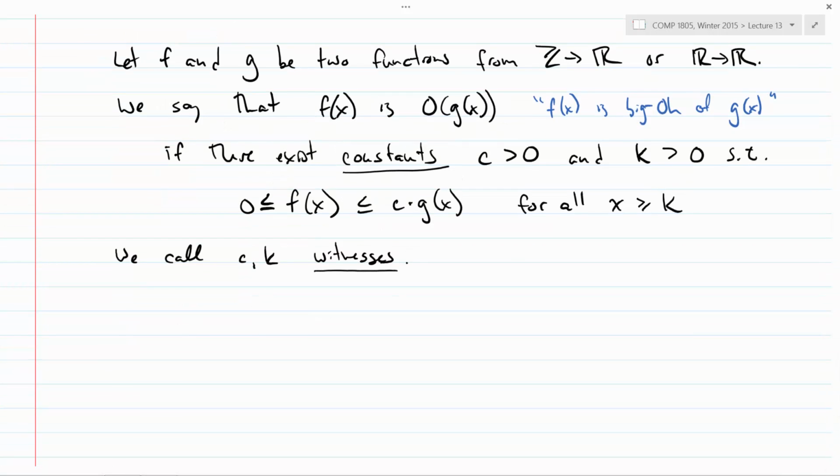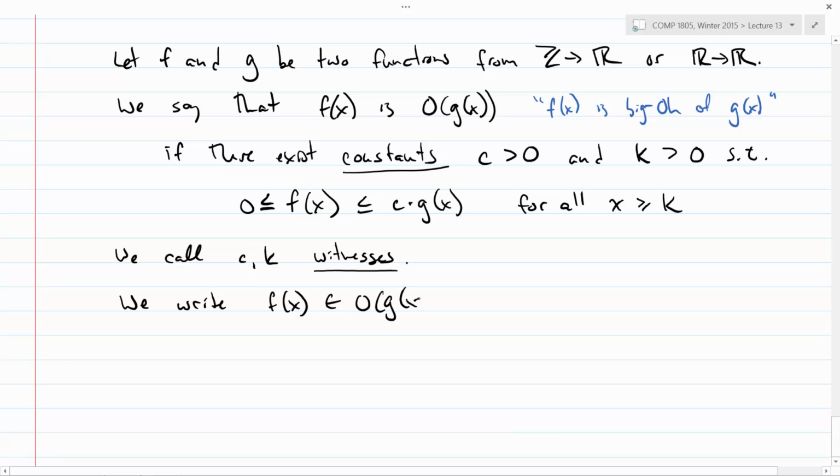We can write a few different things. Technically, we should write f of x is in big O of g of x, because big O of g of x, if you think about it for a while, you'll see that it kind of has to be a set. But not many people write that.